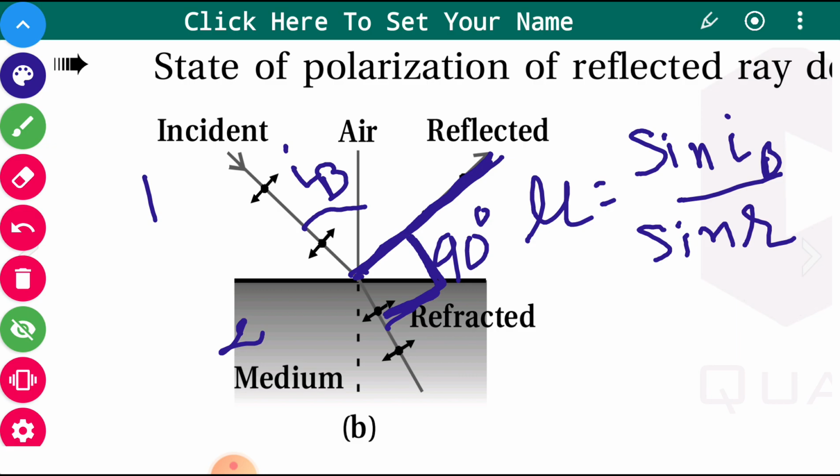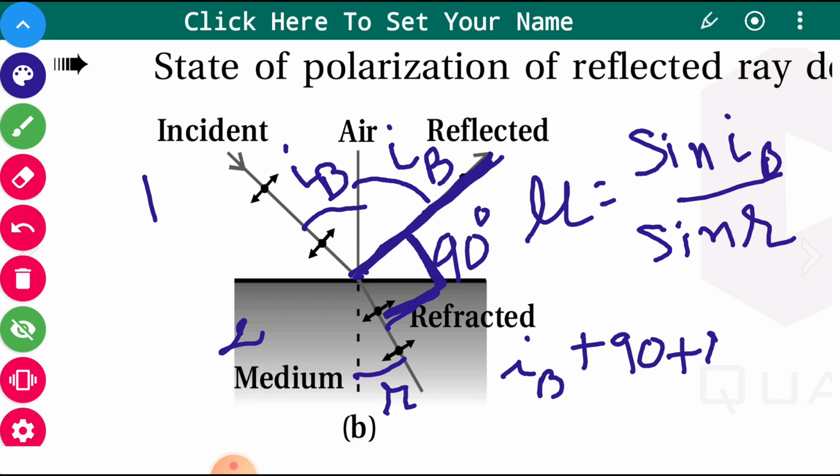Now you can easily understand that this is a reflected ray, so the angle of incidence and angle of reflection are both the same, IB, and this is the angle of refraction R. So now you can write IB plus 90 plus R is equal to 180, because this gives the total angle of 180 up to this.